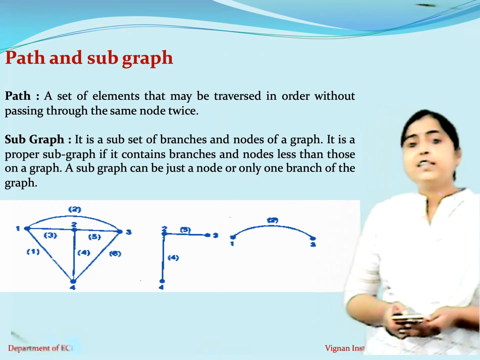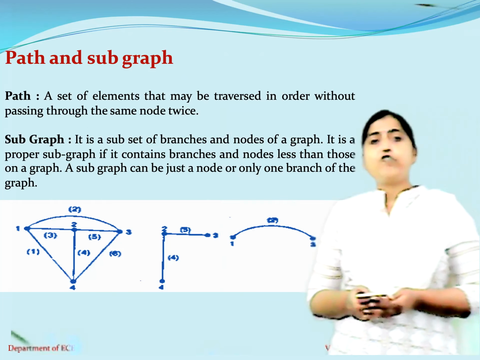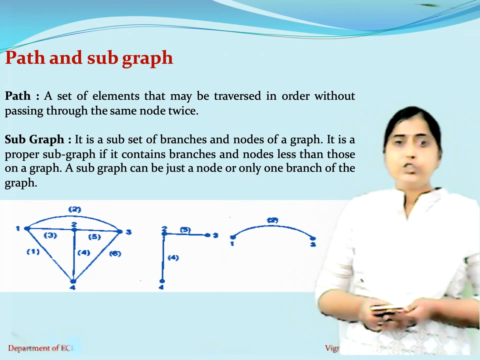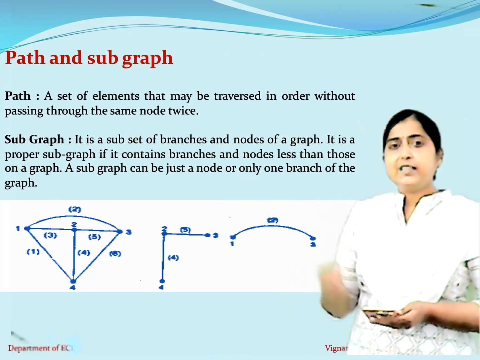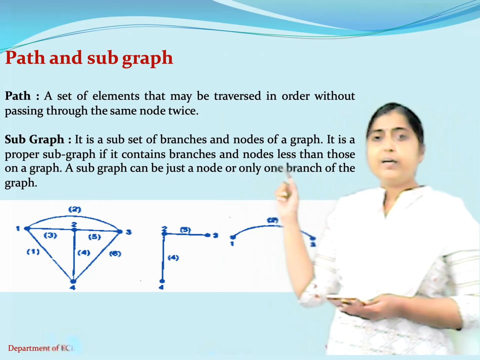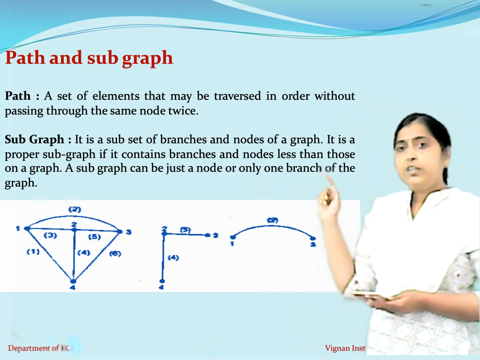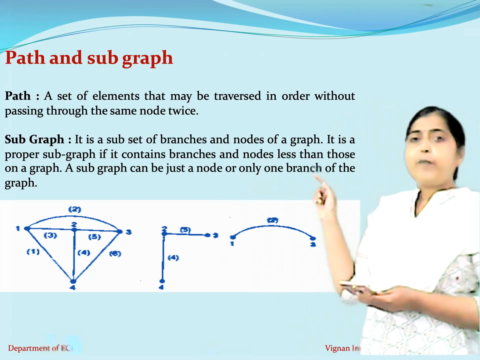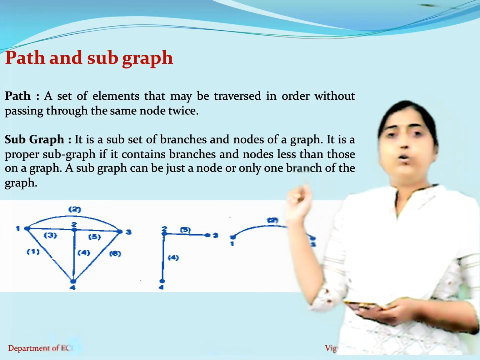Now, next let us understand the definition of a path and a subgraph. So what is a path? A path is a set of elements that may be traversed in order without passing through the same node twice.